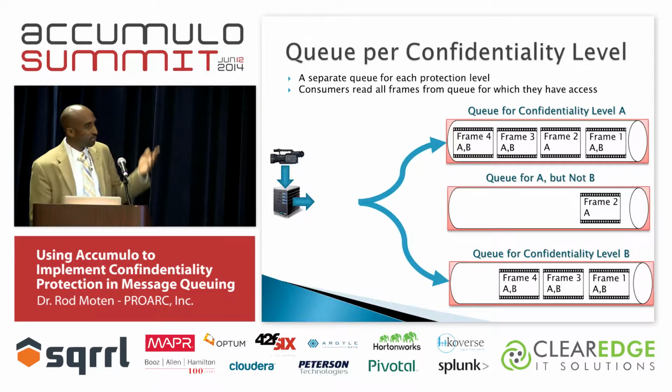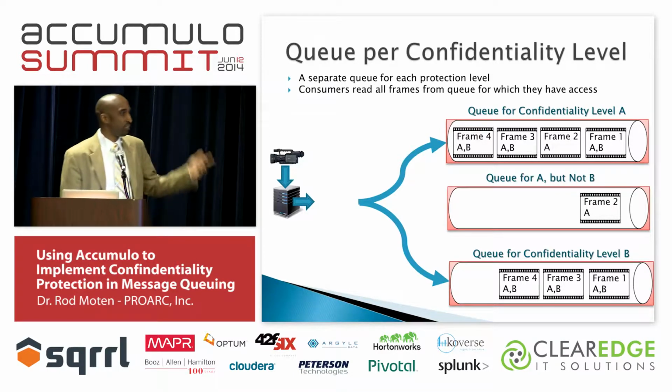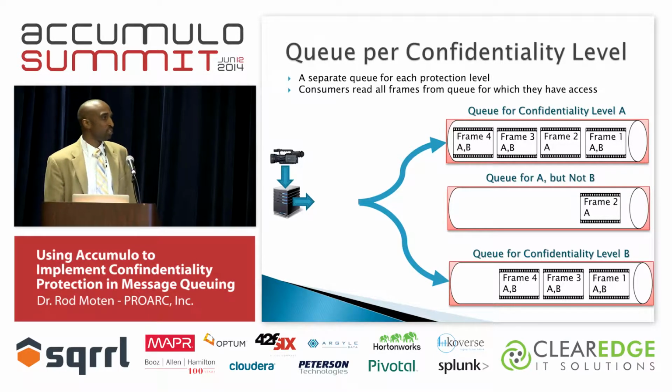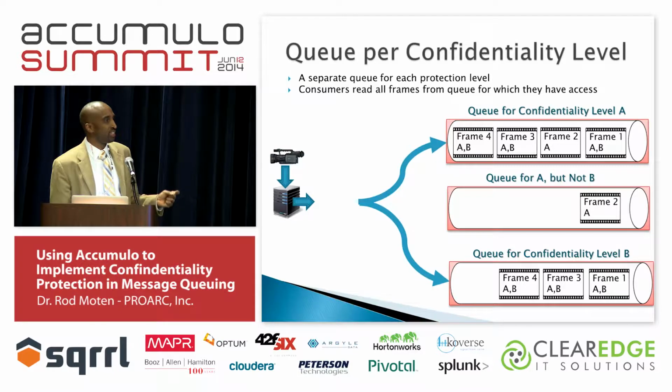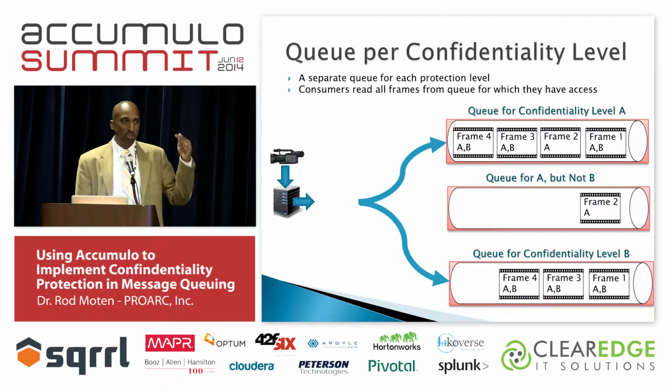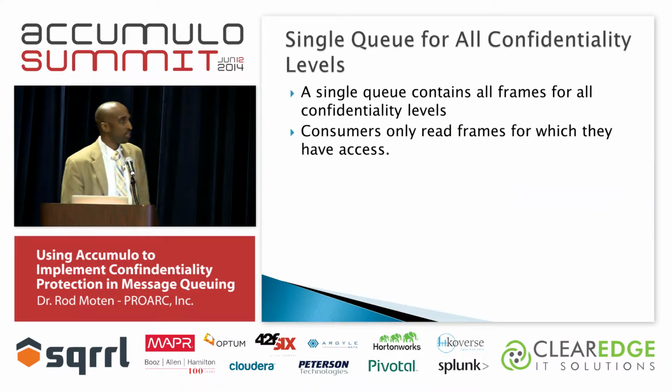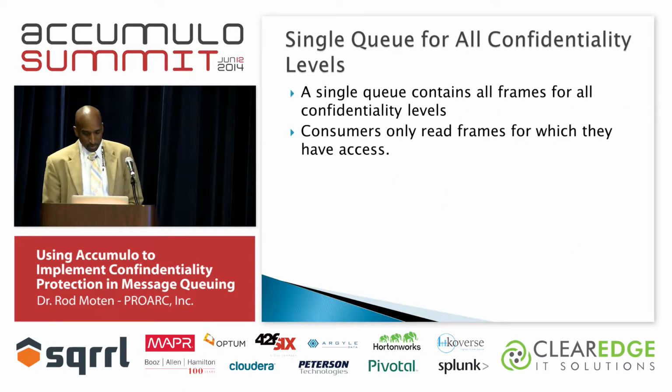And in this case, if we decided to allow someone to see only things labeled with A, that's a whole other queue, and you're going to have to do more copying. So that's going to be a problem.